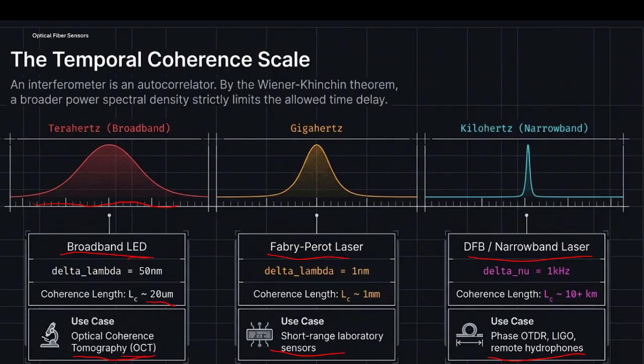You need to go very near field and then sense it. So this is the disadvantage. After that, with temporal coherence in terms of a narrowband laser, high Q laser, high finesse laser, you can sense up to 10 kilometers. So there temporal coherence comes into the picture.